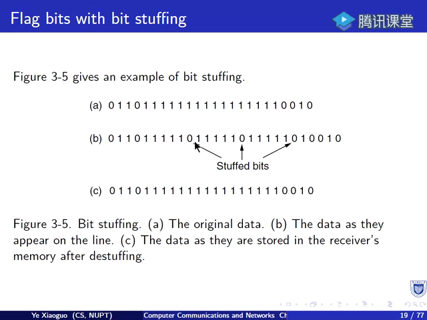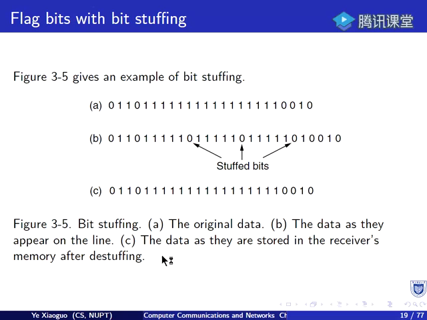Then 5 consecutive ones occur again, and a 0 bit is stuffed. So 3 0 bits are stuffed into the original bit stream. C means the data as they are stored in the receiver's memory after destuffing.